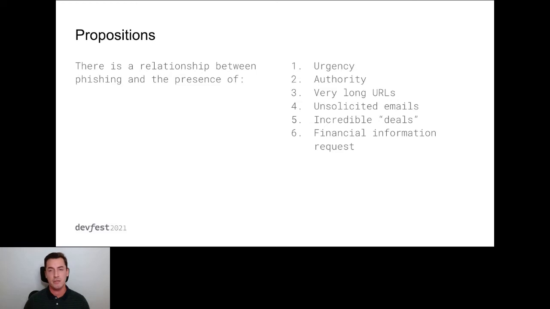This financial information request is one that I have encountered. They try to combine, for example, authority: they will be impersonating an executive and will send an email to most likely human resources, payroll, or the finance department, saying that they have changed their bank details and asking them to update those details in the system, so that the next time they receive their salary, it will be sent there.